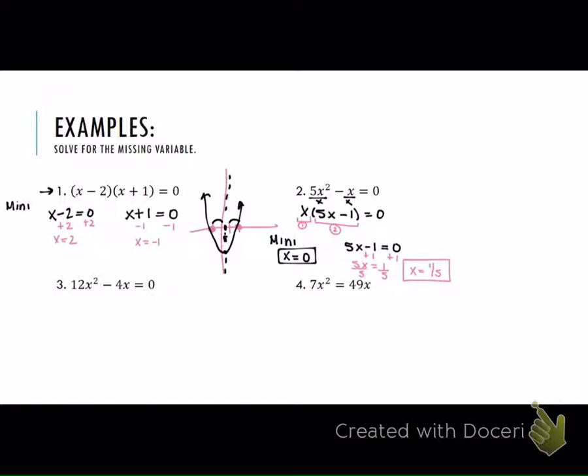So you guys got to remember, if we had just said graph it, you would have had to do the negative b over 2a, find the vertex that way, and then plot it. And you would not be able to tell me an exact point if it's 1/5, would you? No. Now you're able to find those points. So we have an answer at 0 and 1/5.